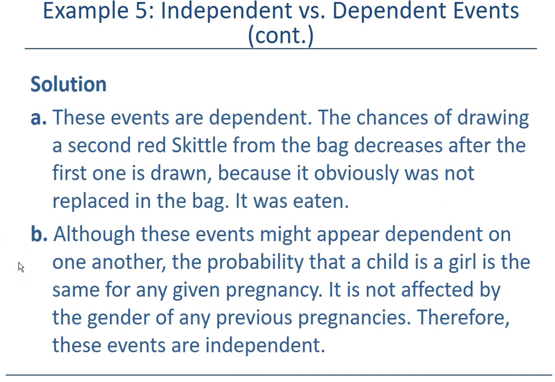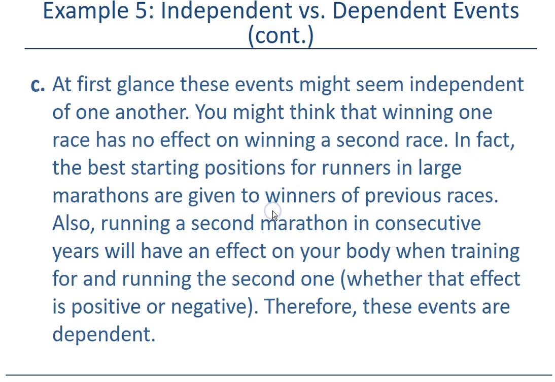Now here you're saying it's coming from the same mother. But the event of the birth of one is actually independent of the birth of another at a later time. So, in example B, that would be independent. Now, this is the one I got wrong myself before I looked at the answer.